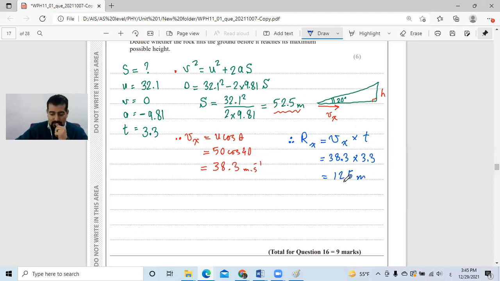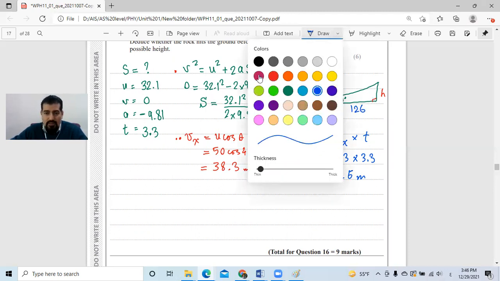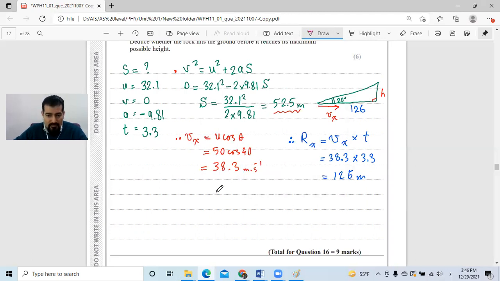Three significant figures. Type. Now, the whole range here is 126. I will find the height by using tan now, this fourth step. Tan theta equals the height over the range in the x-axis.